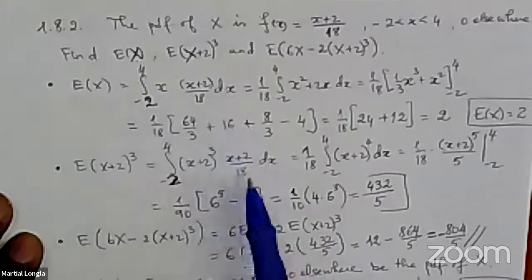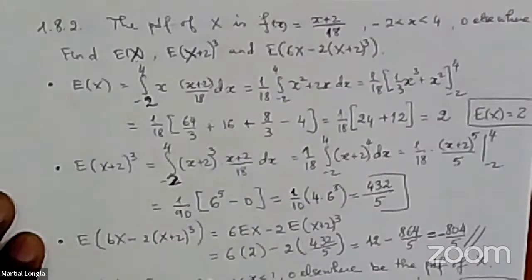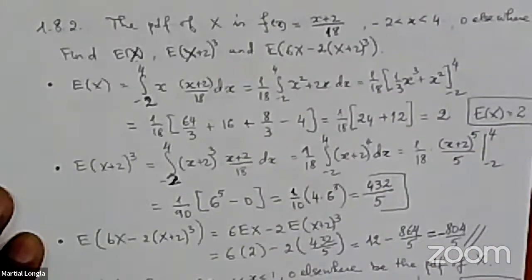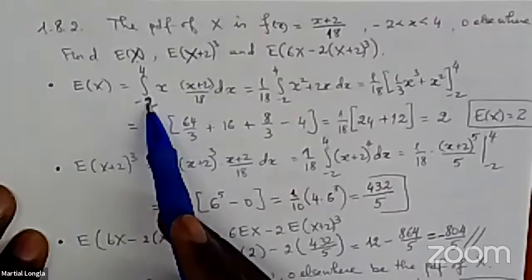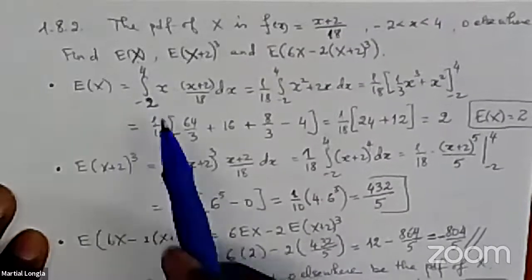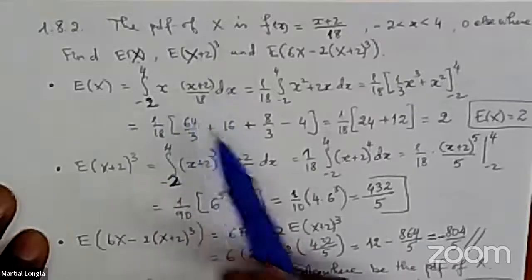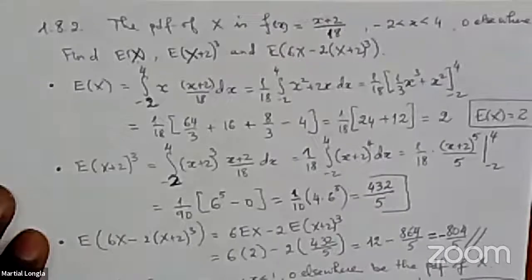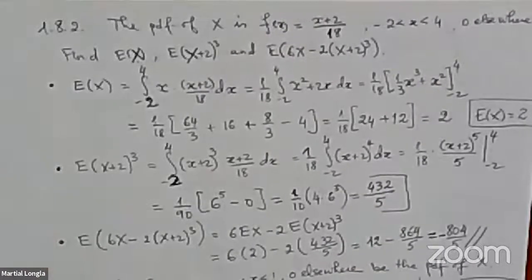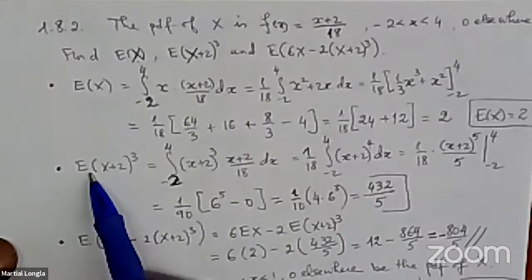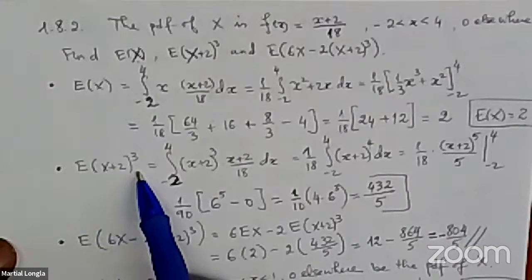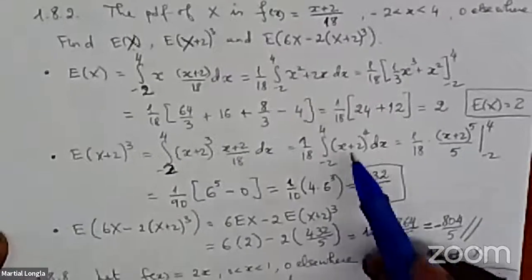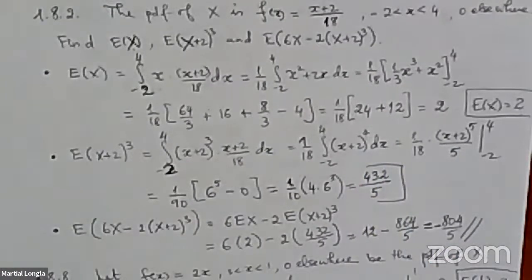So how do we do the first one? Integral from -infinity to infinity, but we are restricted to the range of X that is in the support. So we integrate from -2 to 4, X times (X plus 2) over 18 dx. Do this any way you want, you get 2. Everybody got that one. Then the expected value of (X plus 2) cubed. This is where I go differently from some people. I don't open the parentheses, someone tried to.